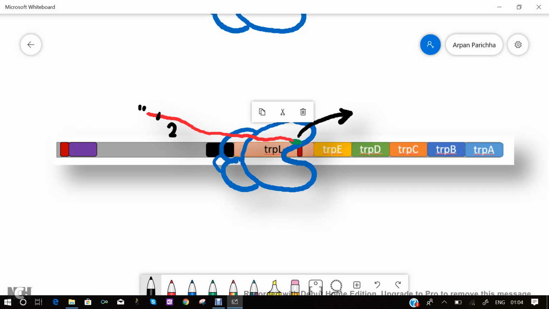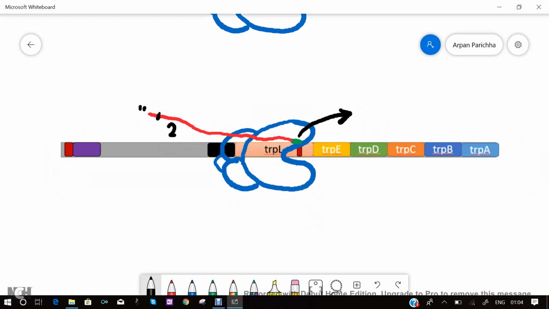But apart from that, the ribosome on the newly formed leader mRNA won't move with great speed, because the aminoacylated tRNAs which code for tryptophan in this specific sequence are not abundant right now, because the tryptophan level itself is low. So the tRNA which would be charged by tryptophan is also low, so that cannot come quickly.